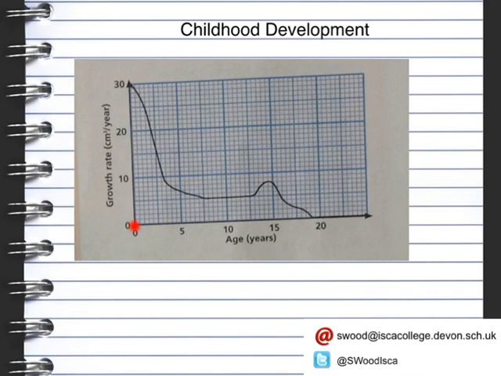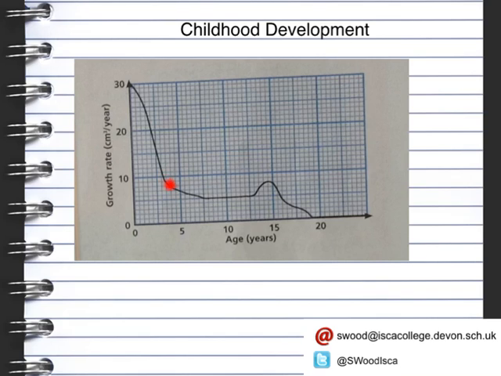We've got the age of a person from 0 to 20, and we've got their growth rate in centimetres cubed per year. Now, the highest growth rate here is during the first sort of like 2 years, which is the infancy stage.